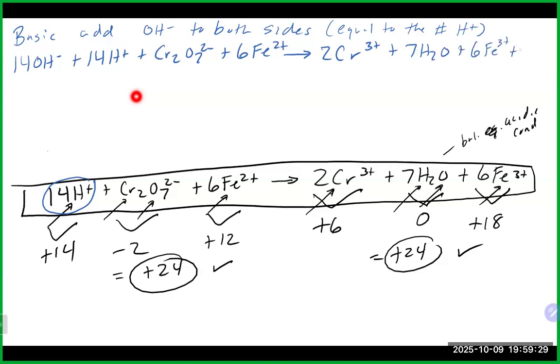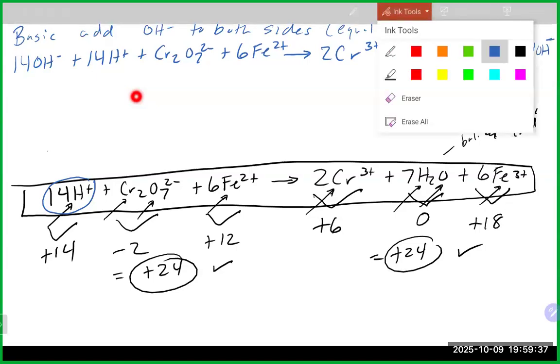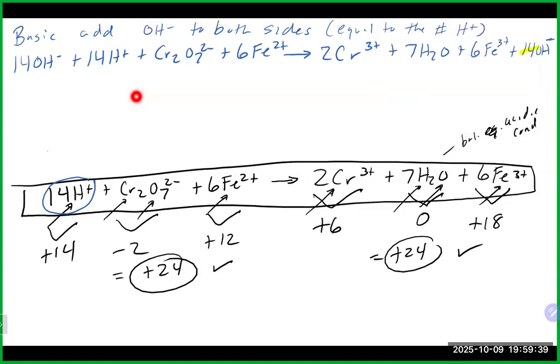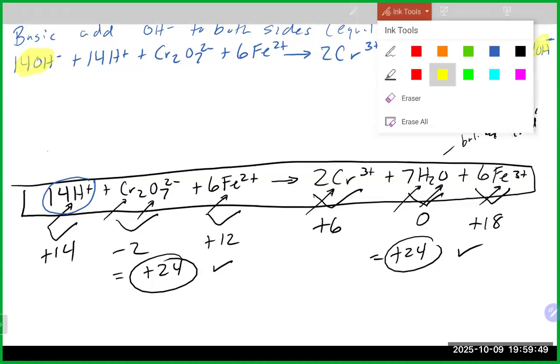And again, I'm adding it also to the other side. So it's going to be added not to just one side, but in this case, to both sides. So we're going to add it to both sides. Again, equal to the amount of H plus that we had.